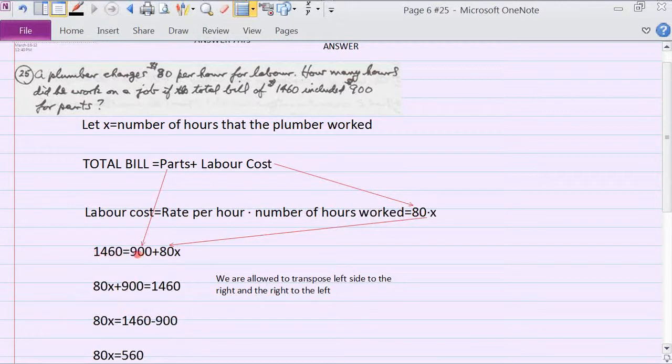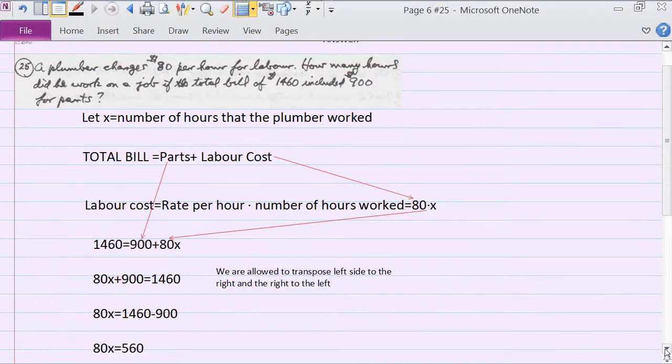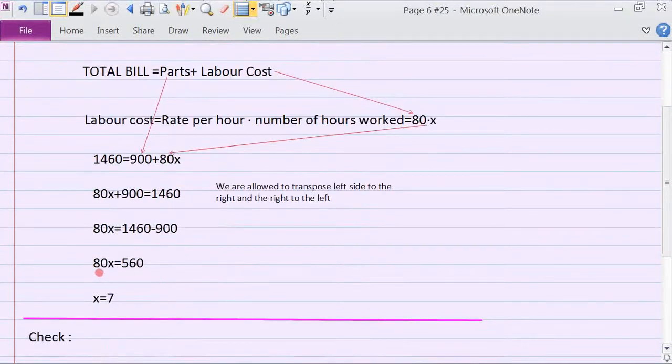If this equals that, then the reverse is true. This must equal that. So I'm just reversing these terms and I get 80x plus 900 equals 1460. And now I move the 900 from the left side to the right side, and that's why it changes sign. I get 80x equals 560 because 1460 minus 900 is 560.